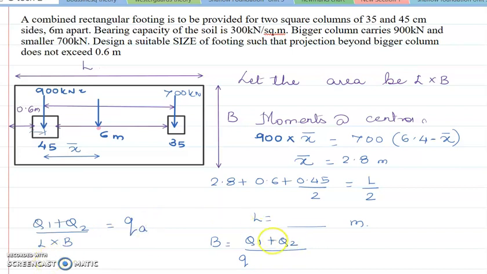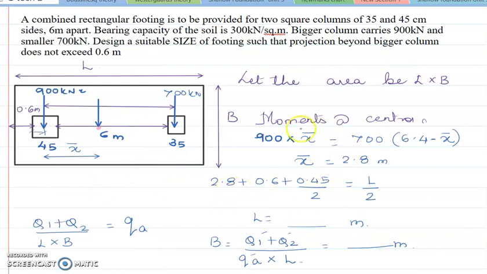So I'm just rewriting it the other way around. So B is equal to (Q1 plus Q2) upon QA into L. So this is known, this is known, this is known, this is known. This will give you the value of B. So this is your way to carry out the proportioning of a rectangular footing.